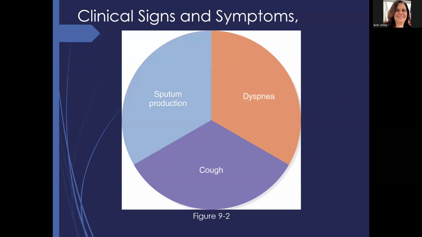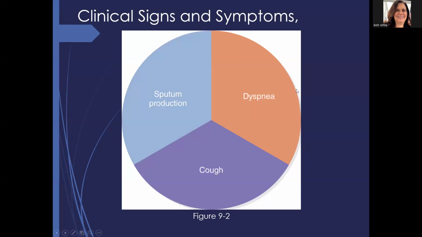Okay, so any patient presenting with cough, sputum production, dyspnea, or a history of exposure to risk factors needs further assessment to rule out chronic obstructive pulmonary disease as the cause. This is the triad of symptoms: cough, sputum production, and dyspnea or shortness of breath that are indicative of chronic obstructive pulmonary disease.